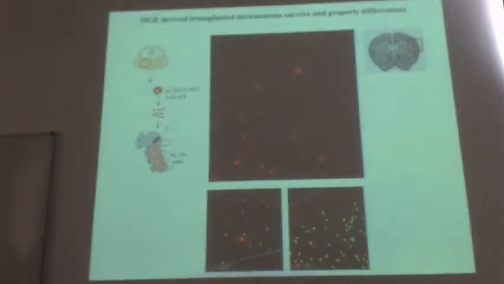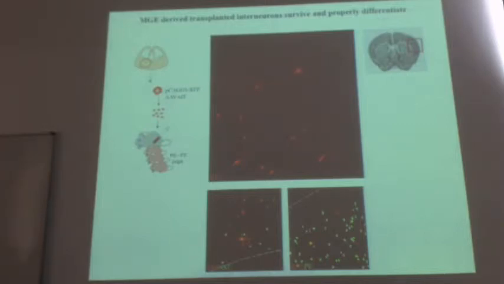And I'm just going to show you a control experiment where we have sacrificed these mice after a month. And as you can see, these grafts, they are very happy and they survive in the environment of the host mouse. And on top of that, we know that they are differentiated in parvalbumin and somatostatin interneurons. So all these are experiments in progress, and I hope the next time I'm going to be here, I'm going to tell you about the results.